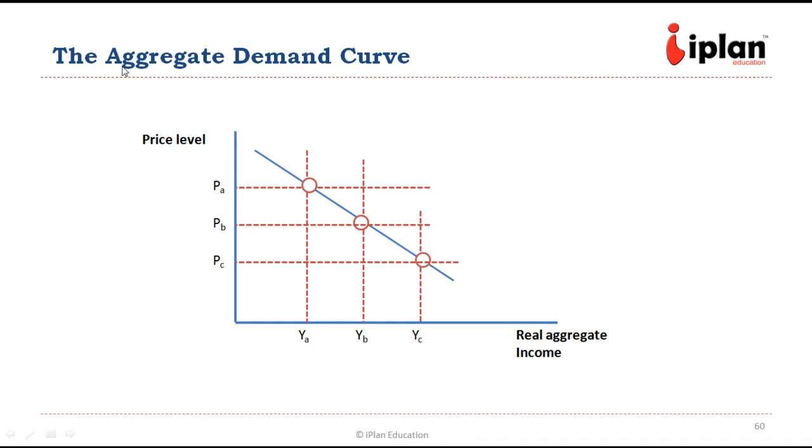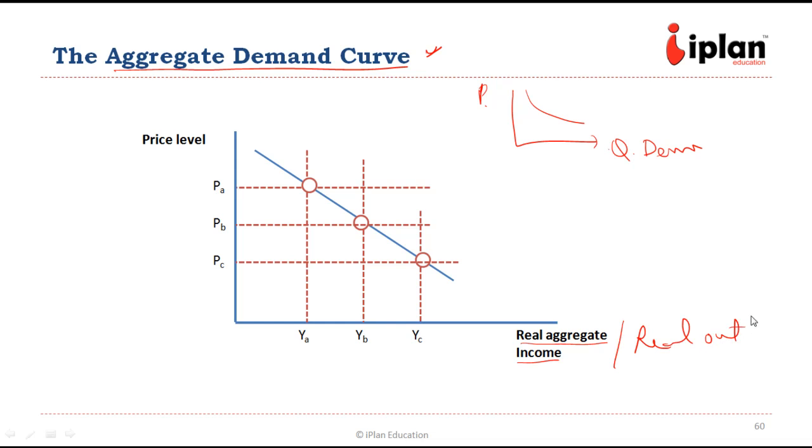We have seen a similar curve in microeconomics, where we talk about the individual quantity demanded for a particular product and the price level of that commodity. Now the similar concept can be extended to macroeconomics, where we talk about the real aggregate income, or the real output, or the GDP.